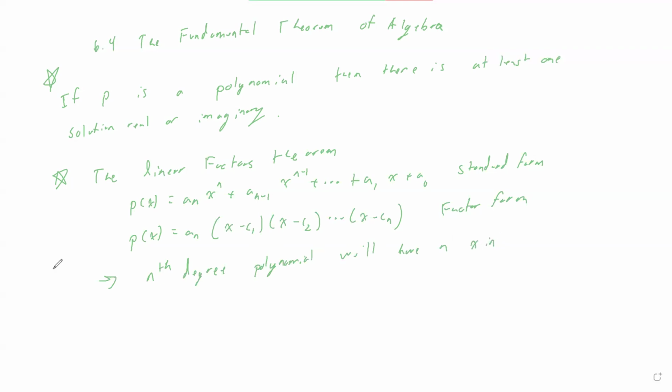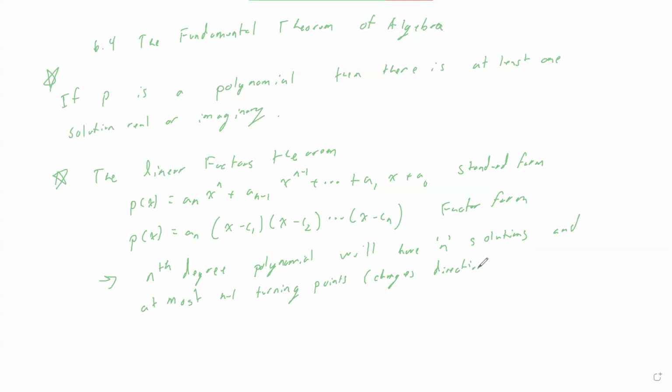Well, I'm going to rephrase that: n solutions, because again, it can be imaginary or real, and at most, so this is a big one, at most n minus one turning points, which are basically where it changes directions.